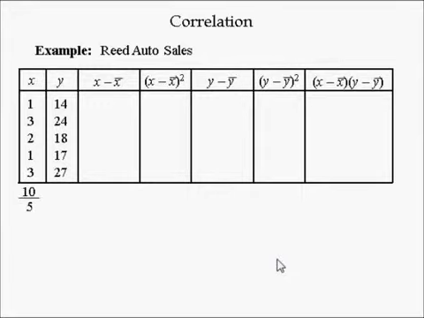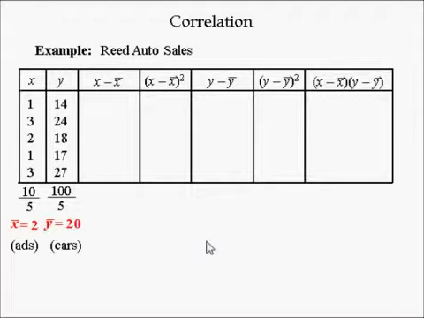Dividing this by 5, the number of observations, yields variable x's sample mean, which equals 2 TV ads. The sum of variable y's observations yields 100 cars sold. Dividing this by 5, the number of observations, yields variable y's sample mean, which equals 20 cars sold.